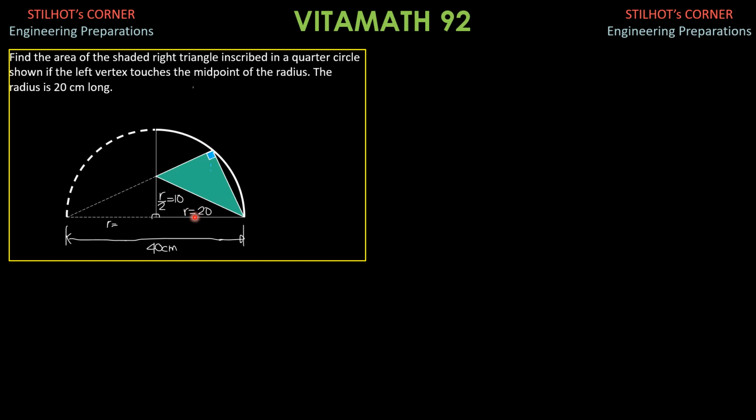So this is 20 radius and this is r over 2, so 10 centimeters. And this is also 20, so that's why the diameter is 40. So that's area 1, the unshaded part, and let's call that area S. So that's r over 2 also, then area S. So area S is equal to 1/2 of 40 times h.